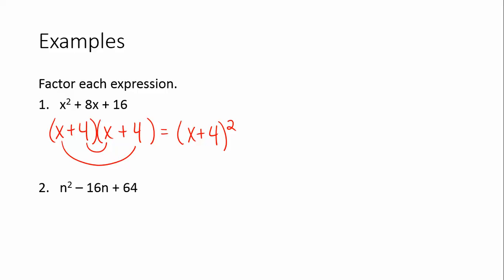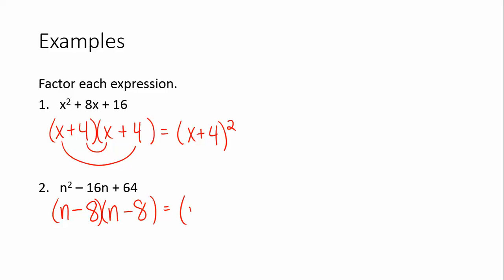Number 2, again, we have a perfect square trinomial. We have a first term that's a perfect square, n times n. We have a back term that's a perfect square, 8 times 8. And we have a middle term that's 2 times n times 8. 2 times n times 8 would be 16n. Notice it is subtraction, so this time when we fill in, it's going to be n minus 8, n minus 8.